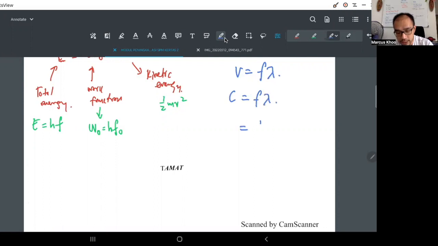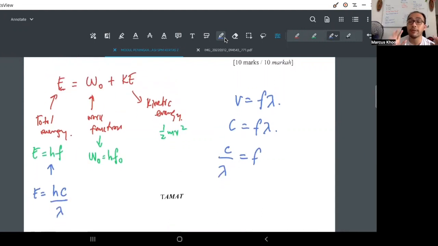Therefore, f equals c over lambda, which makes this formula become E equals hc over lambda. I started with this first, the basic stuff that you need to know about the photoelectric effect. The total energy equals the work function plus the kinetic energy. Because when the photon is shone, it needs some energy to release the electrons, and then the remaining energy is converted to kinetic energy that moves the electron.